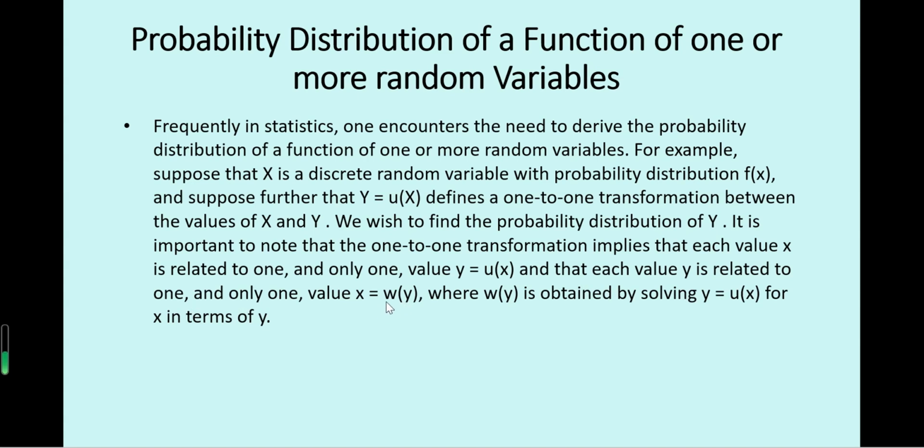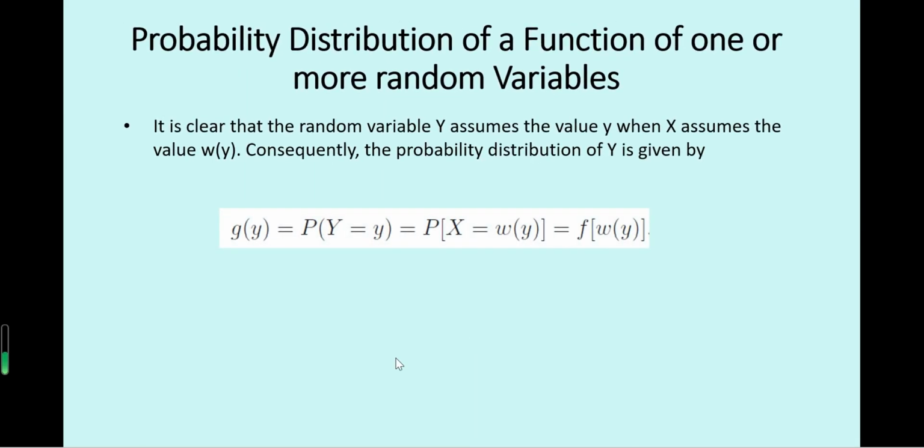We call it w(y), and w(y) is obtained by solving y = u(x) for x in terms of y. So it is clear that the random variable Y assumes the value y when X assumes the value w(y), right? So X and Y are a one-to-one transformation.